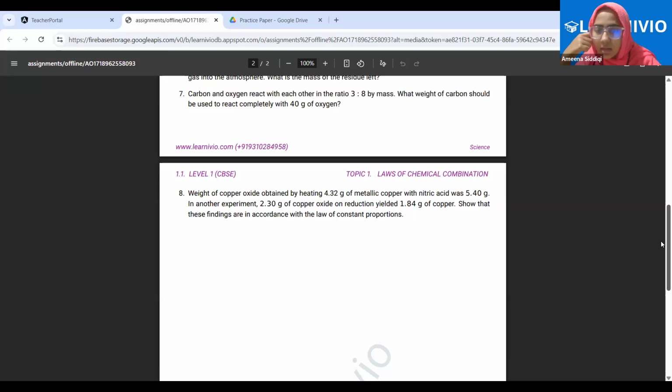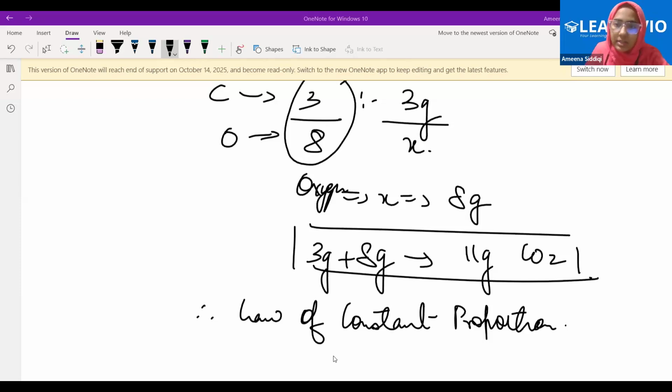What is the mass, what is the answer that you are getting? Ma'am, I'm getting 15. Good. So 3 upon 8 is equal to x upon 40. You will multiply and you will get the answer.